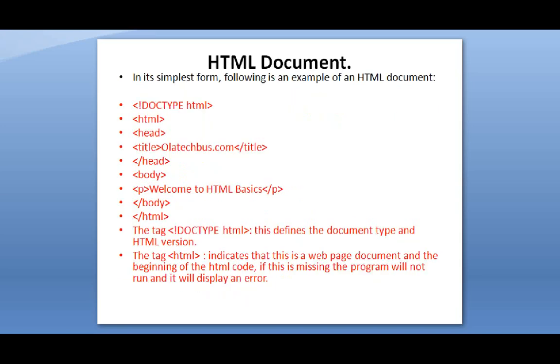Now, an HTML document in its simplest form. Following is an example of an HTML document. We have some basic HTML, and they follow this principle: you must have a doctype HTML. I'm going to explain why we have a doctype. The doctype is telling the browser, whether you want to use Google Chrome, Firefox, Opera Mini or Explorer, that I want the latest HTML, which is HTML5.